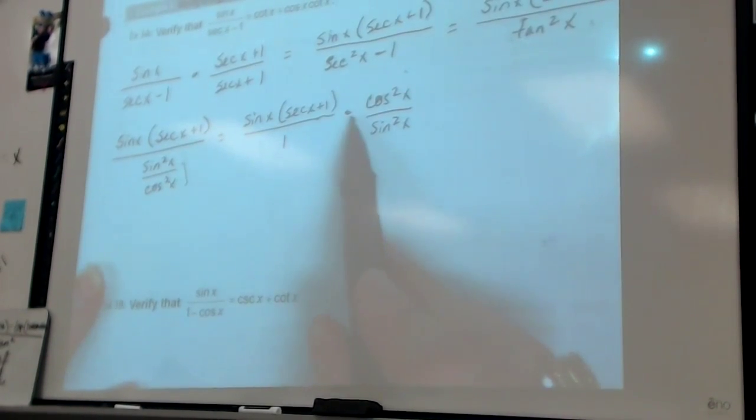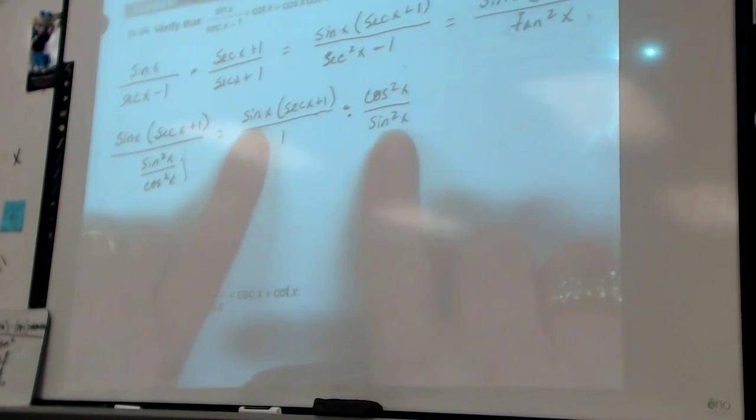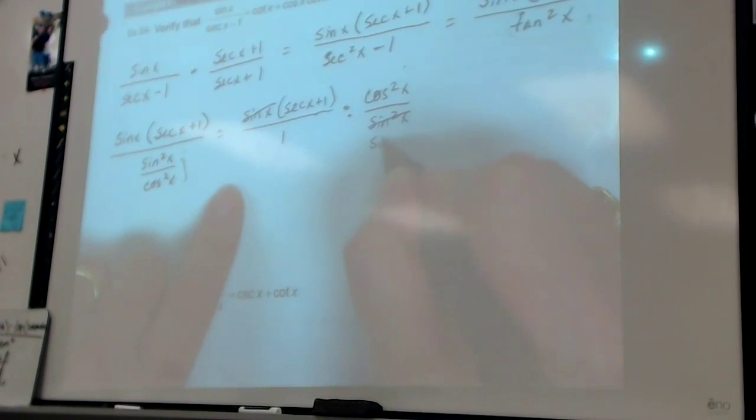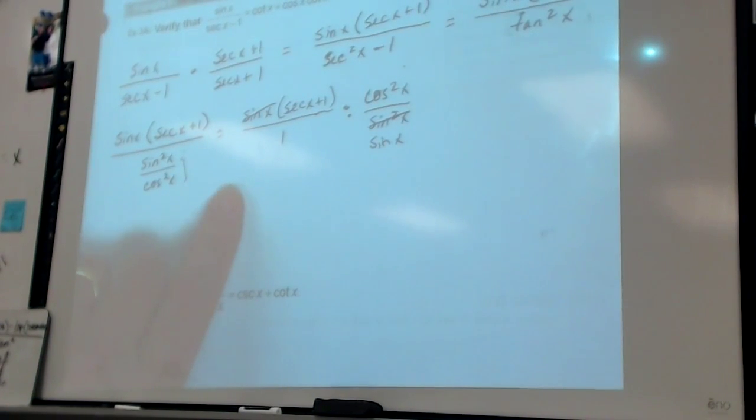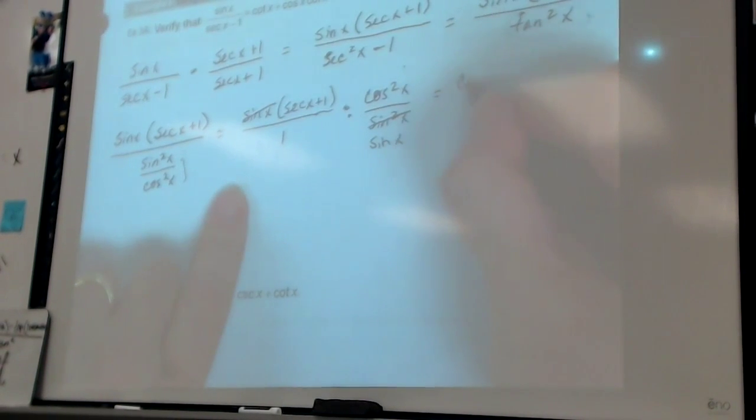So since I'm multiplying, I have a sine x here and a sine squared x here, so I can cancel out one sine x. So that's gone. So now I have cosine squared x times secant x plus 1 over just sine x.